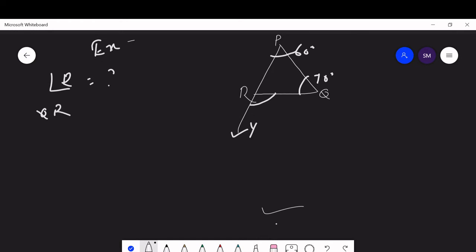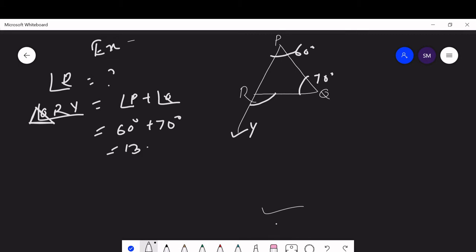According to the exterior angle property, the measure of QRY is the sum of angle P plus angle Q, the interior opposite angles. Then this is 60 degrees plus 70 degrees, which is equal to 130 degrees.